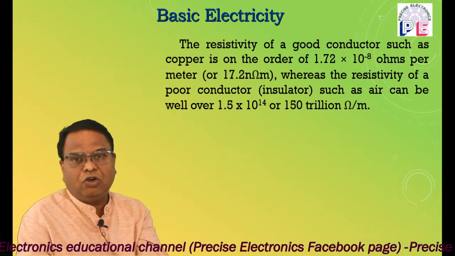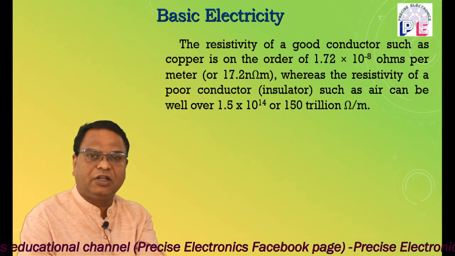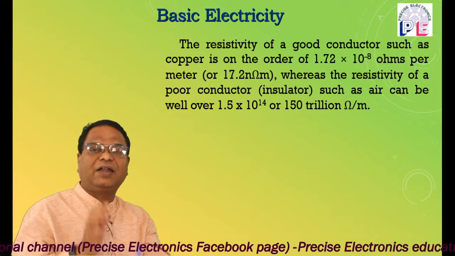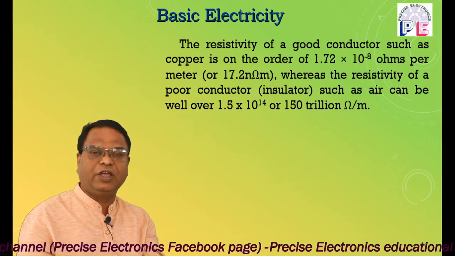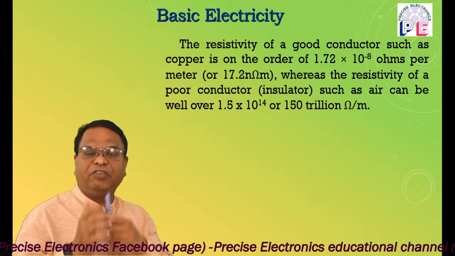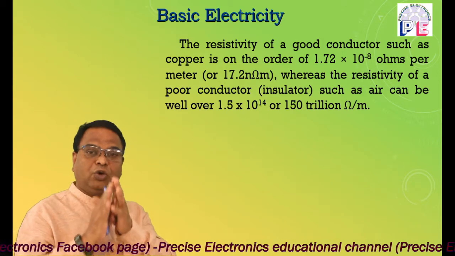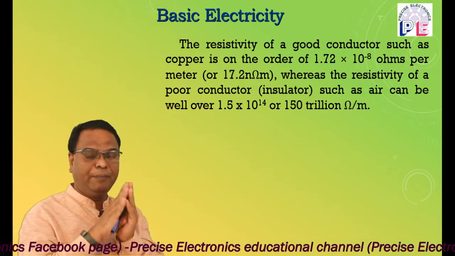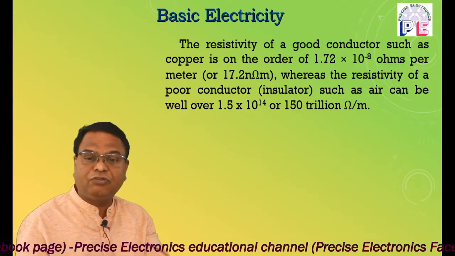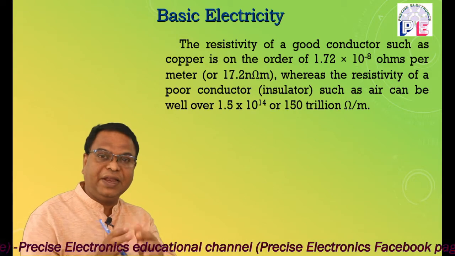While the resistivity of a bad conductor or good insulator is very high. For example, air. Air is a bad conductor of electricity, so air will not allow the electric current to pass through it, and the specific resistance of air is 1.5 into 10 raised to 14 ohm meter, that is 150 trillion ohm meter.